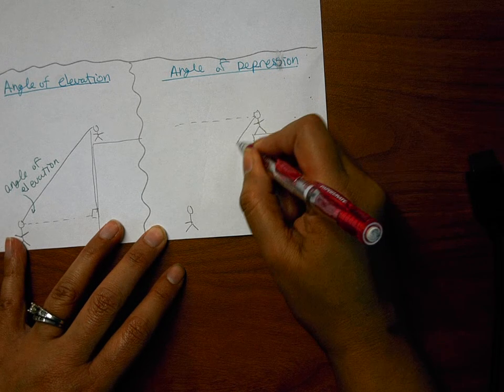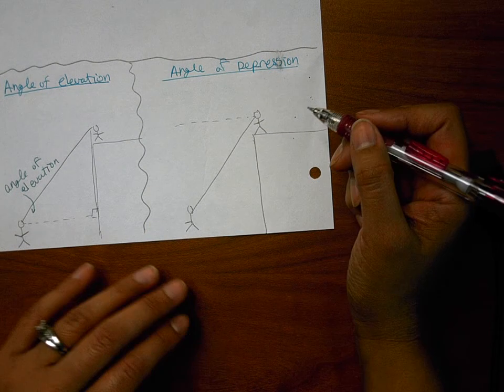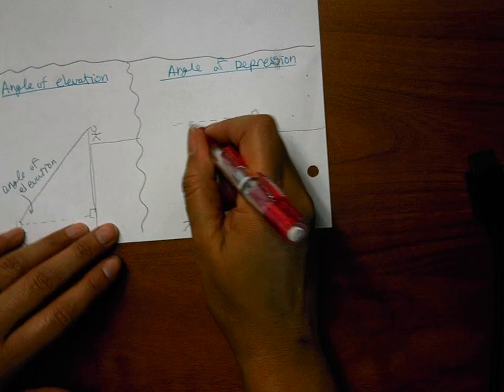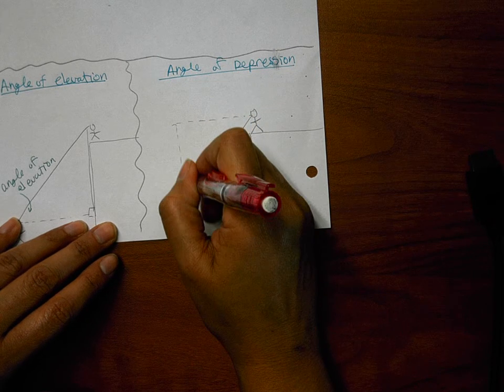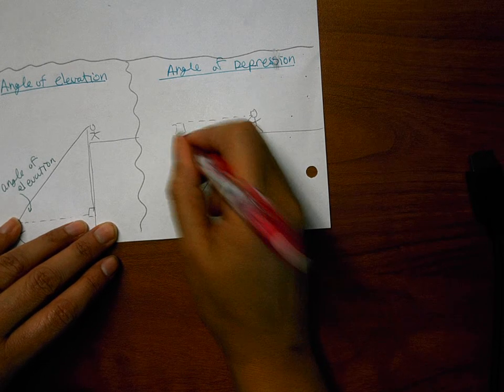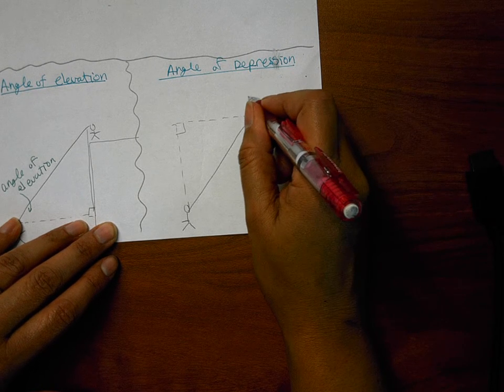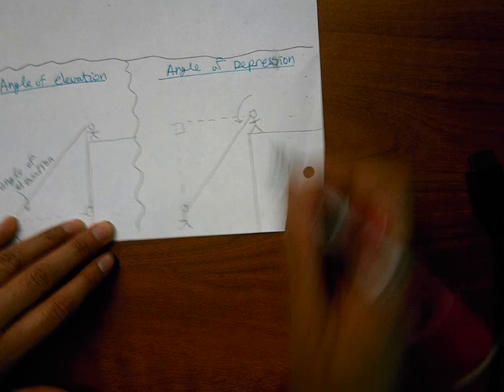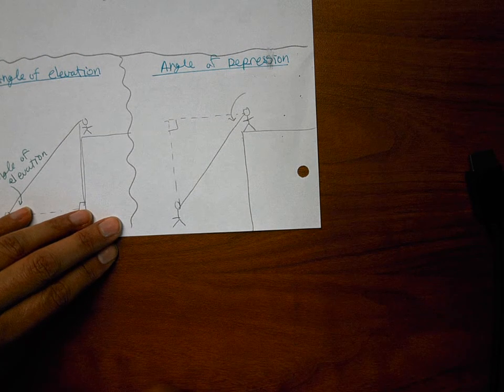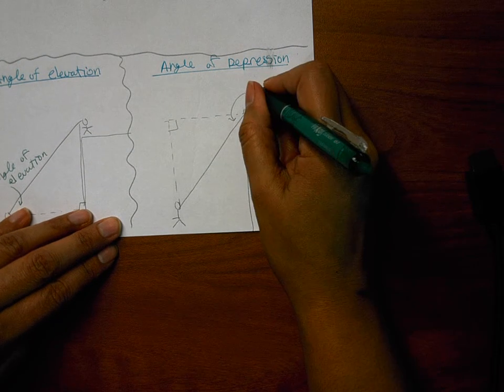So you have your horizontal line of sight and you look downward to the person. Okay, so your triangle is upside down. This here is your angle of depression.